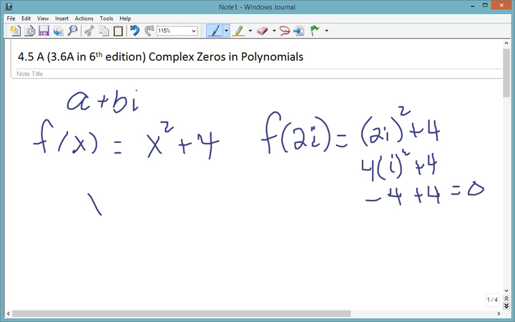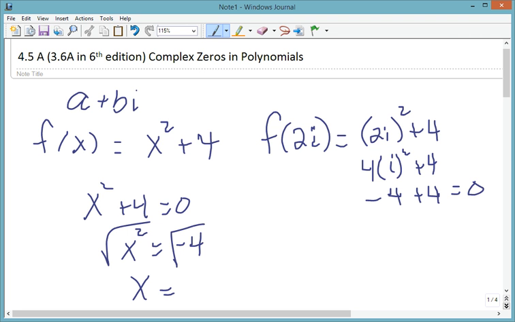So if I had taken this and just set it equal to 0, I would have x squared equals -4. Take the square root of both sides, right? So I get x equals square root of -4. Square root of 4 is 2. Square root of -1 is i. So I get plus or minus. So I get both of them, right? I have 2i and -2i. And those would be my zeros.